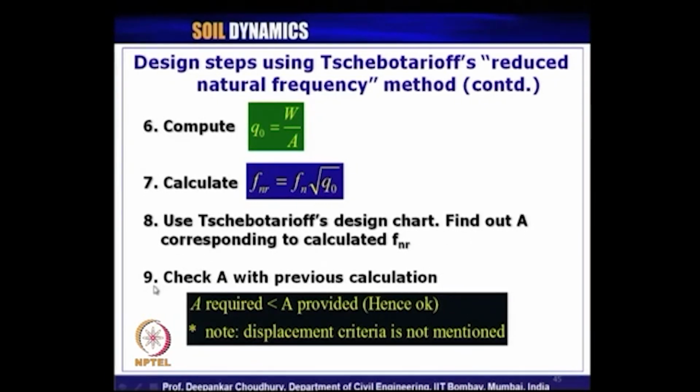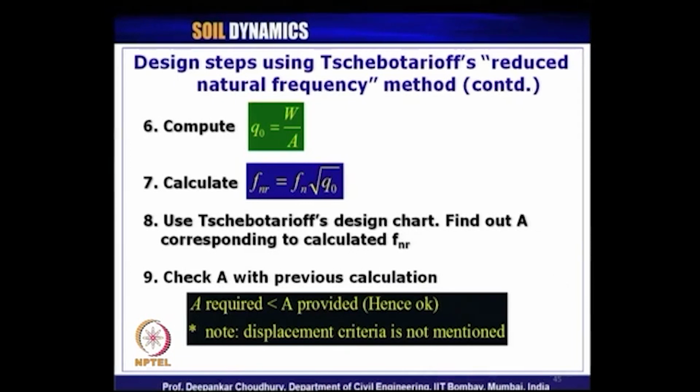And the ninth step will be: you have calculated this FNR, go to Tschebotarioff's design chart, corresponding to FNR find out what area is required to be provided, and in the next step check whether the area required is less than the area you have provided or assumed in the previous step, then it is okay. Fine. We will see Tschebotarioff's chart in the next slide.